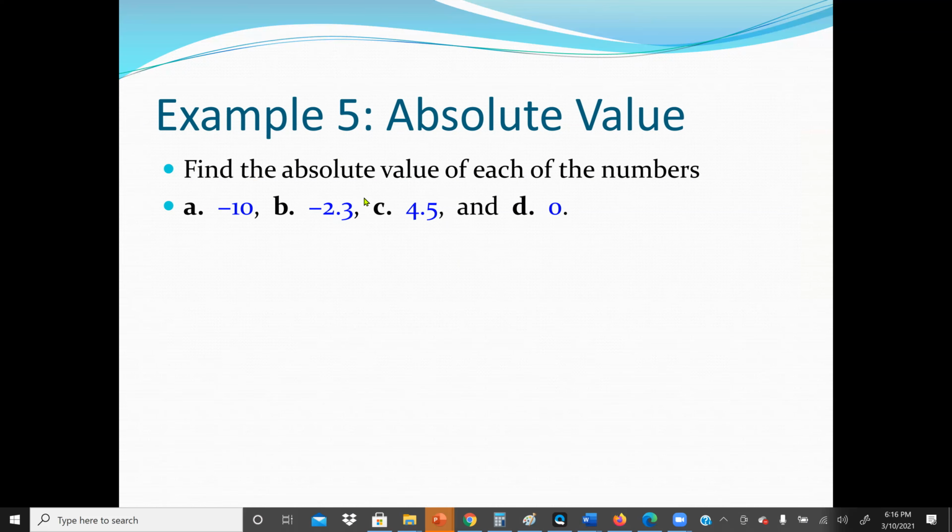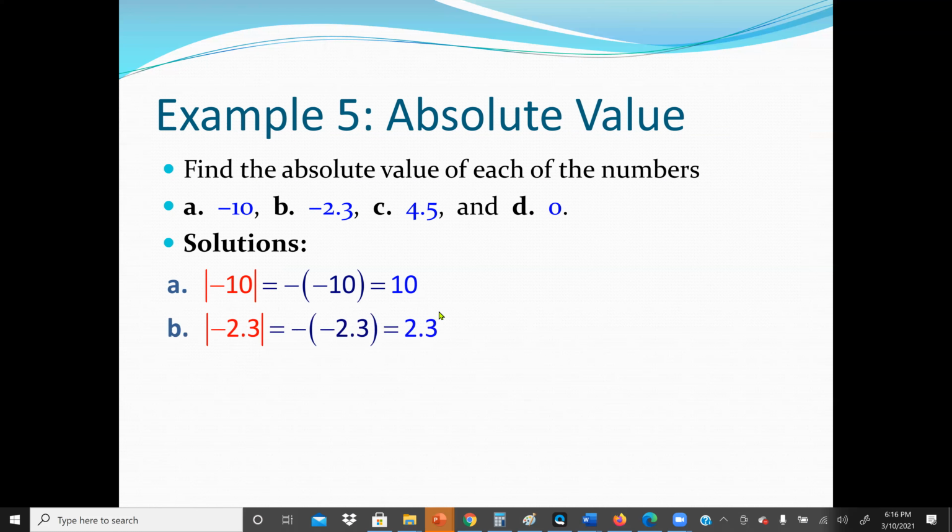We should find the absolute values of each of the numbers given. The absolute value of negative 10 will be positive 10. The absolute value of negative 2.3 will be positive 2.3 also. The absolute value of 4.5 will be 4.5. And the absolute value of 0 will be 0.